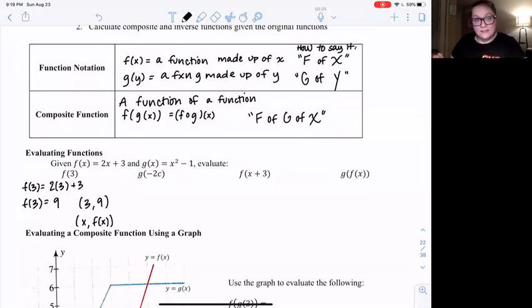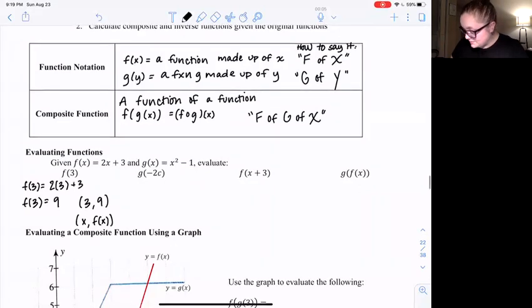Now let's say you had something like g of negative 2c. This would be similar to just plugging in negative 2c for anywhere that you see x, similar to what we did for 3 in f of x. So here we have g of negative 2c. I'm going to plug in, so g of x looks to be x squared minus 1.